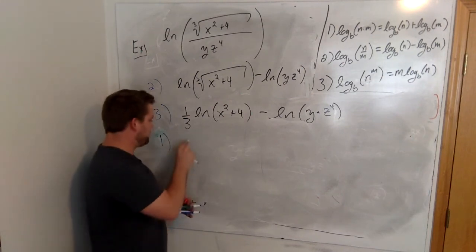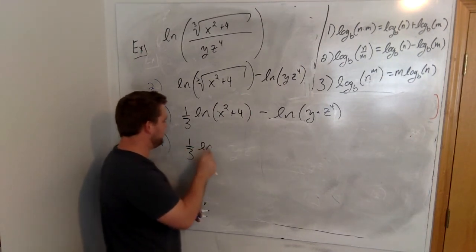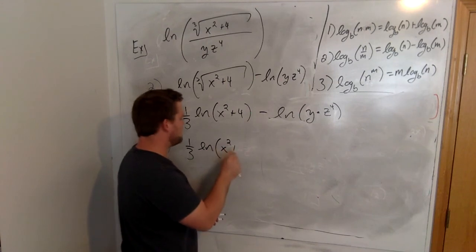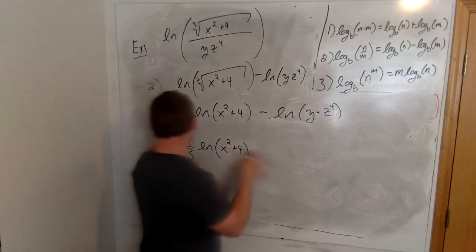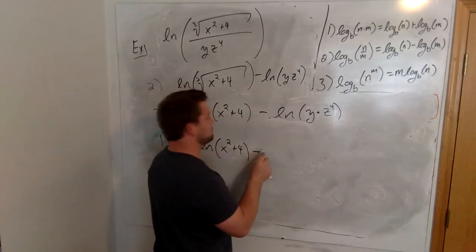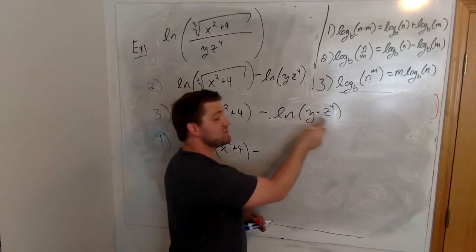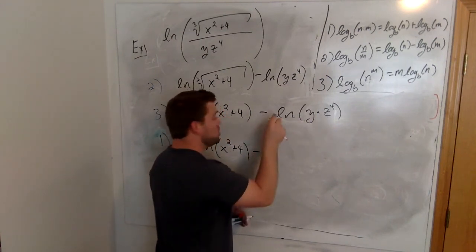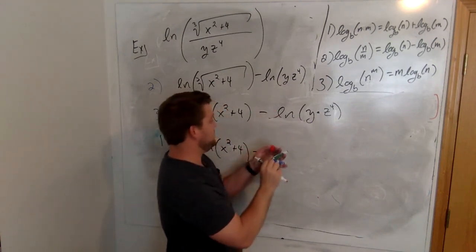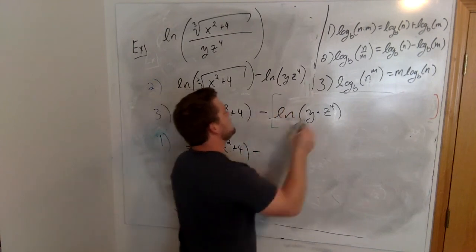So we have a 1/3 times the natural log of x squared plus 4. Log rule 1 says I'm going to break this up as a sum, and since I'm subtracting, we need parentheses right here.